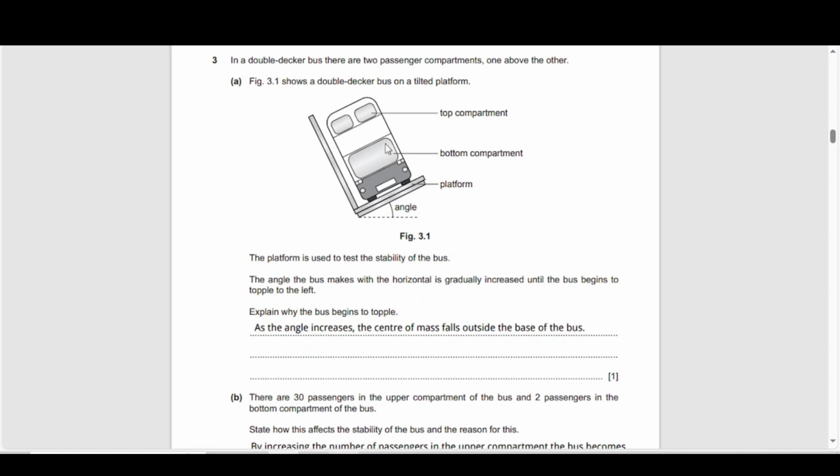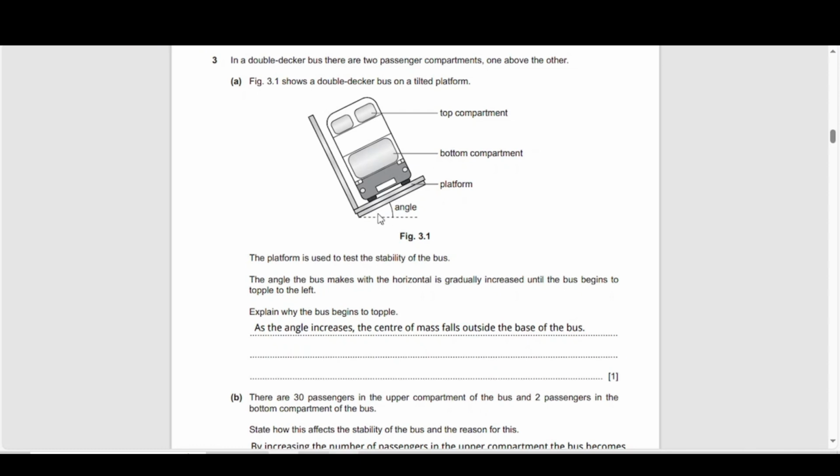But as you keep tipping the object more and more, the object's base starts going that way, center of mass is still there. And then the line for the center of mass will eventually fall outside the base. And when it falls outside the base, the object will topple.